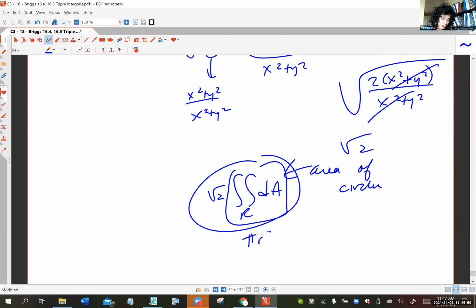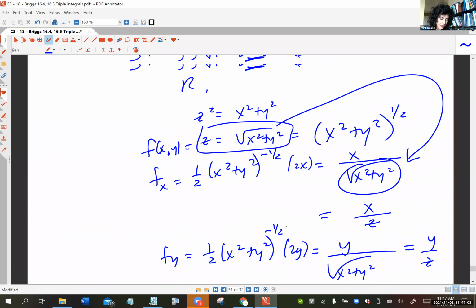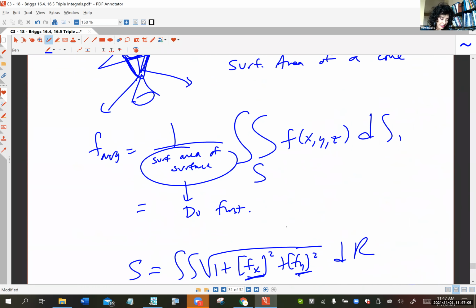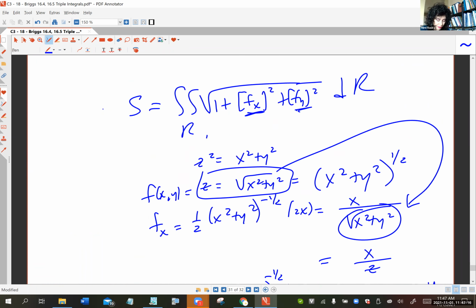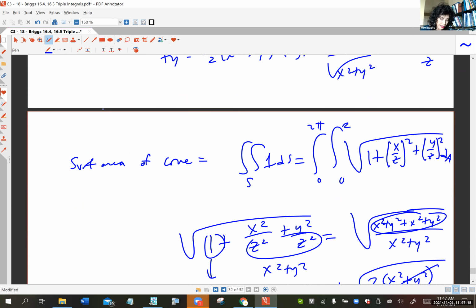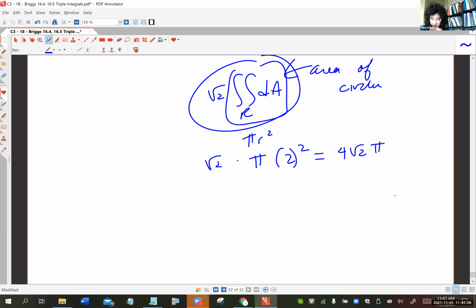Pi r squared, where the radius is the projection of this cone onto the xy plane. And it's going to have a radius of 2. So the surface area of the cone is square root of 2 times pi times 2 squared, which is 4 square root of 2 pi. We're not even partially done with this problem.